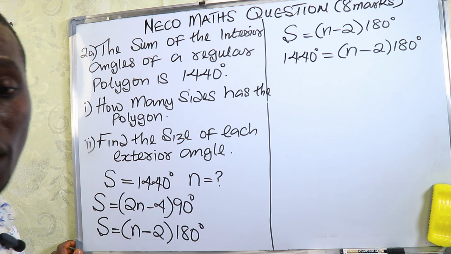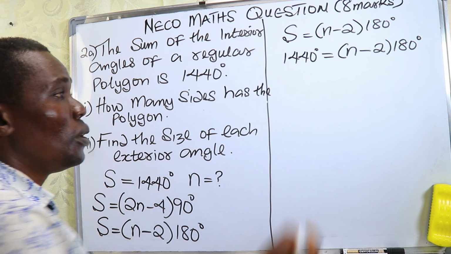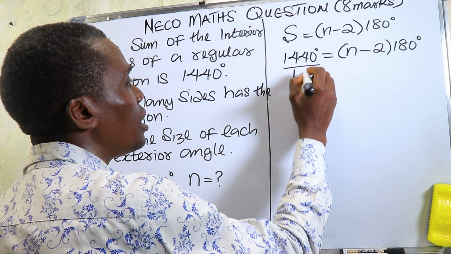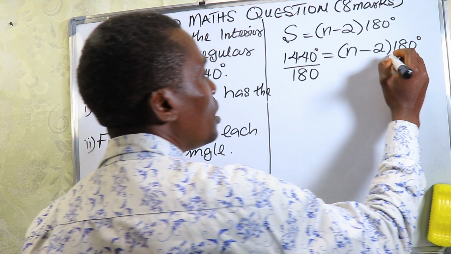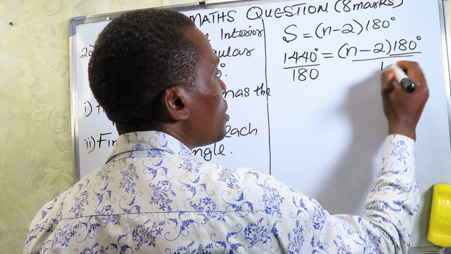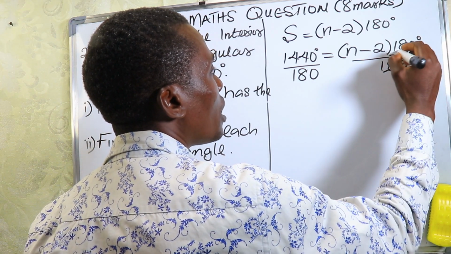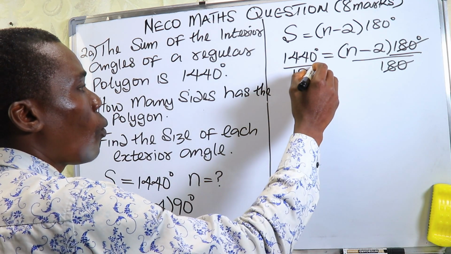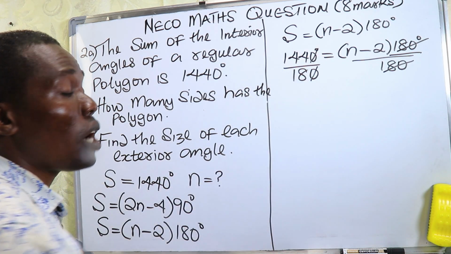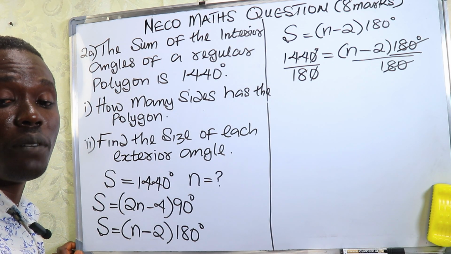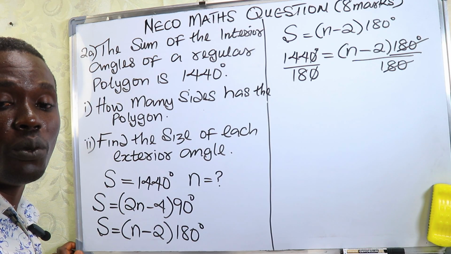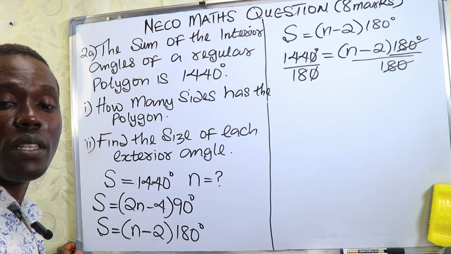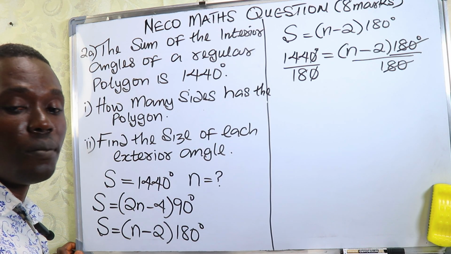Now, the first thing we are going to do here is simple. We need to remove 180 so that we'll know what we are doing. If we divide all this by 180, 180 will cancel out 180, while this cancels out this, we'll have 144 divided by 18, and that will make our division a bit easier.